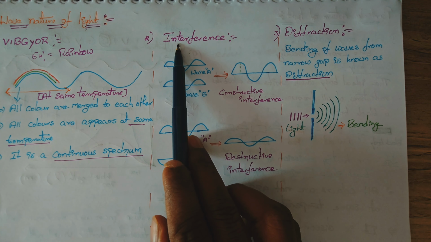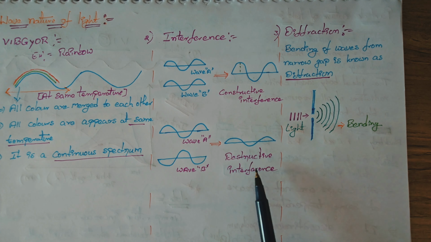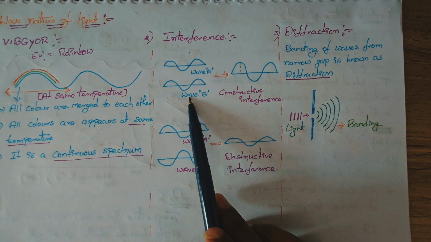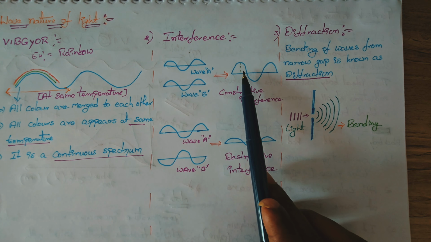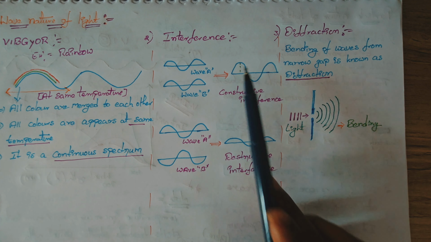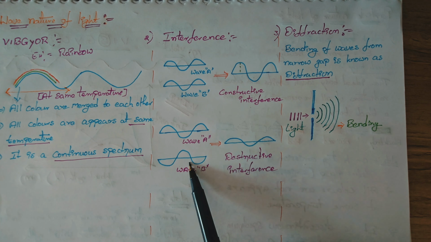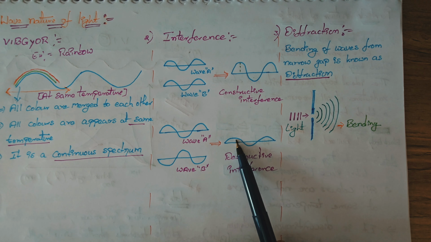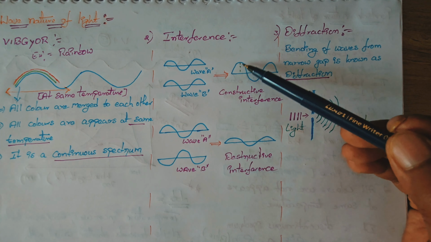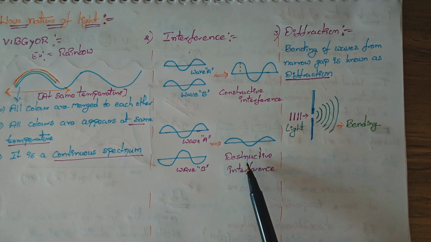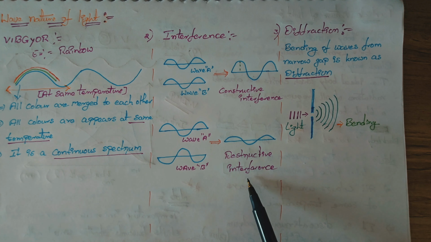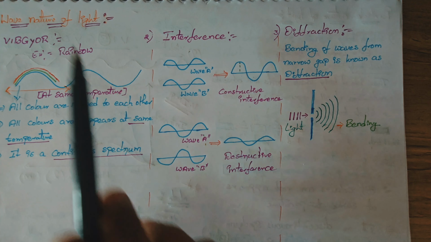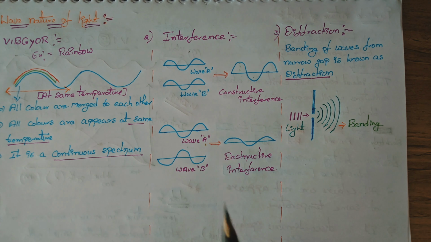Interference is of two types: constructive interference and destructive interference. Constructive interference: two similar waves combine and the resulting intensity increases. When two different waves merge, the resulting wave amplitude decreases. That is destructive interference. So this property indicates that light has wave nature.